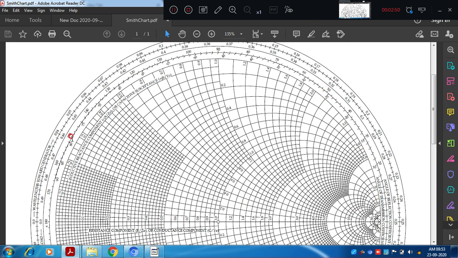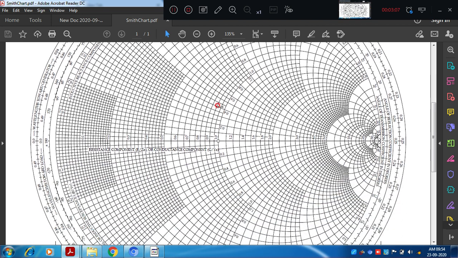These arcs are called constant reactance circles or constant reactance arcs. These values are positive, so you should take them as positive, because it is the upper part of the Smith chart.